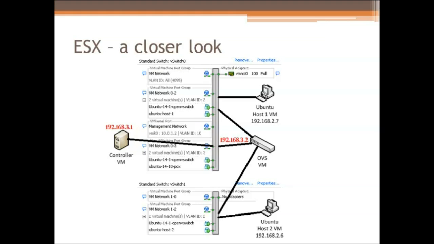We've got the VM network 02, VM network 03, and then VM network 12. And the hosts that are connected there get their traffic forwarded through OVS via the pathways that I've sort of indicated. The controller is also connected to VM network 03, and so that's how the controller and the OVS VM actually communicate.